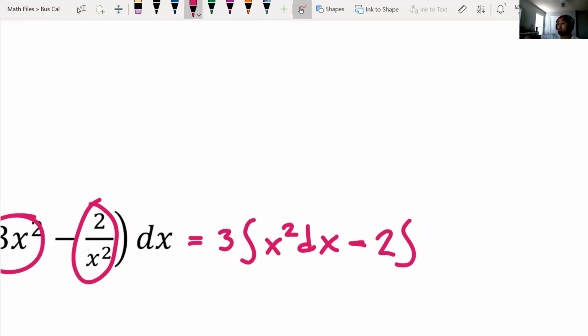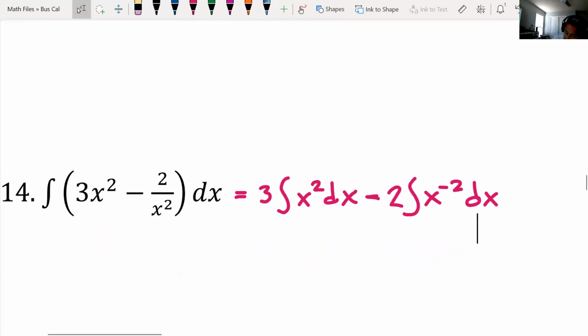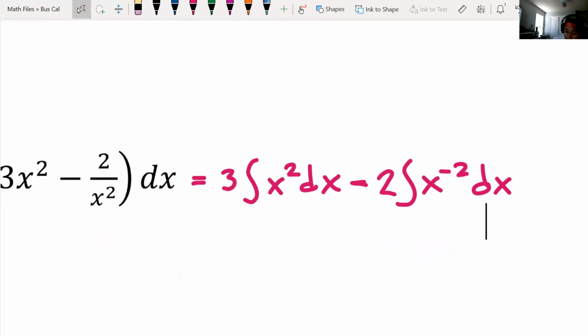And that x squared needs to flip up. So it's going to be -2 times the integral of x to the -2 dx. There we go. So I've rewritten it as two integrals, and all I've done is take the coefficients out. And then for that fraction, I just took that x to the -2 and flipped it up. Okay, which means we have power rule on both.